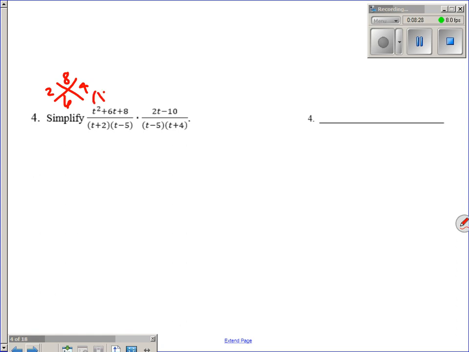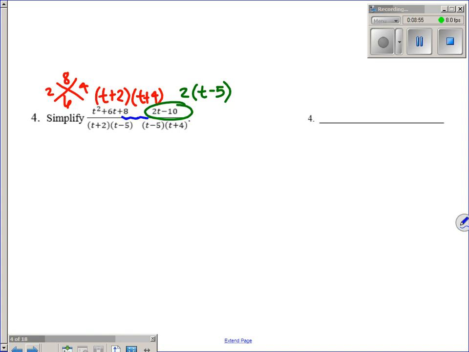So this actually becomes x plus 2, or sorry, we're using t's this time. T plus 2, t plus 4. And then we can also factor this part because it does have a GCF of 2. So when we factor out a 2, we're left with t minus 5. And at this point, I wouldn't take the time to rewrite all this.